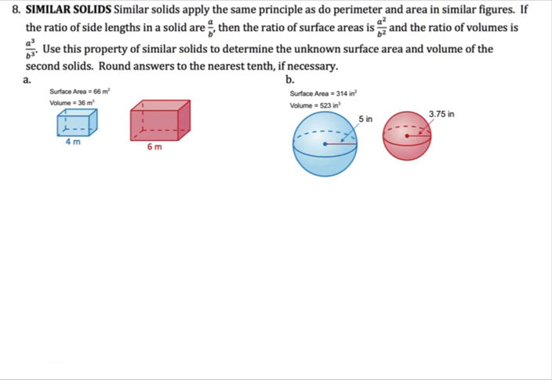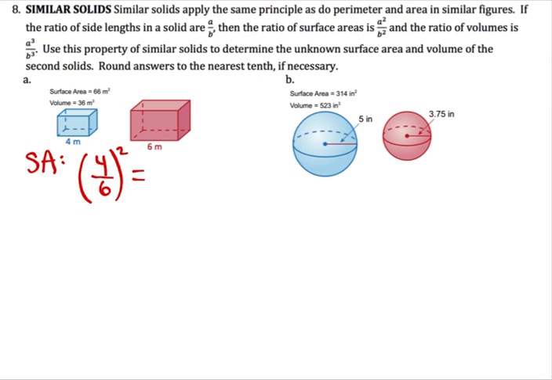So on this, for surface area, you're going to want to compare the side lengths. Let's compare blue to red. It doesn't really matter. 4 to 6. And to do it with surface area, area is a two-dimensional thing. It needs squared.